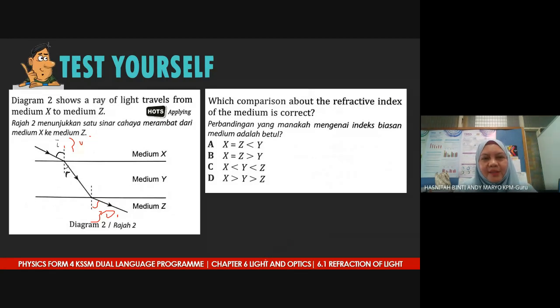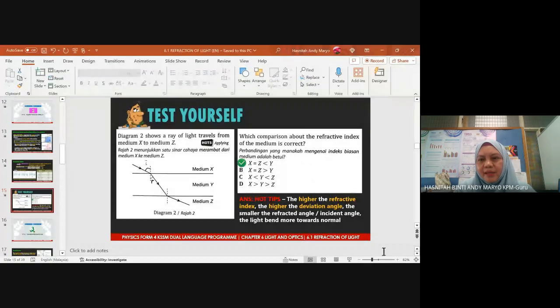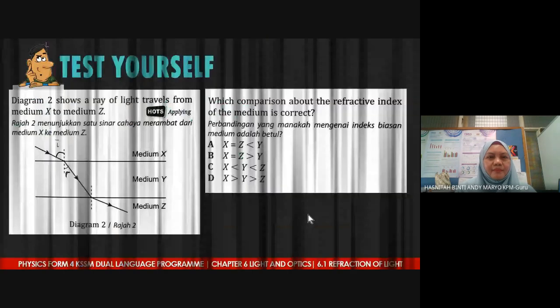Which comparison about the refractive index of the medium is correct? We have medium X, medium Y, and medium Z. Would you like to try? Which one is the answer, A, B, C, or D?